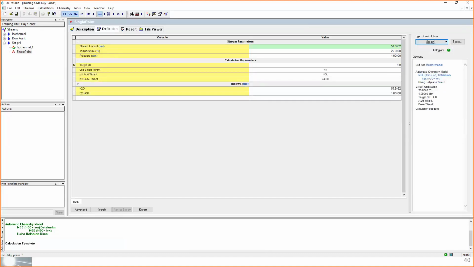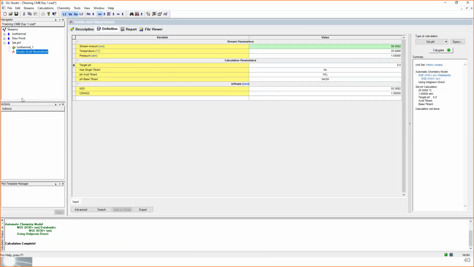For that, we are going to change this name here, just to follow what we're doing. We're going to say that this is acetic acid neutralized. A long name, but I like it because it reminds me of what we are doing there.